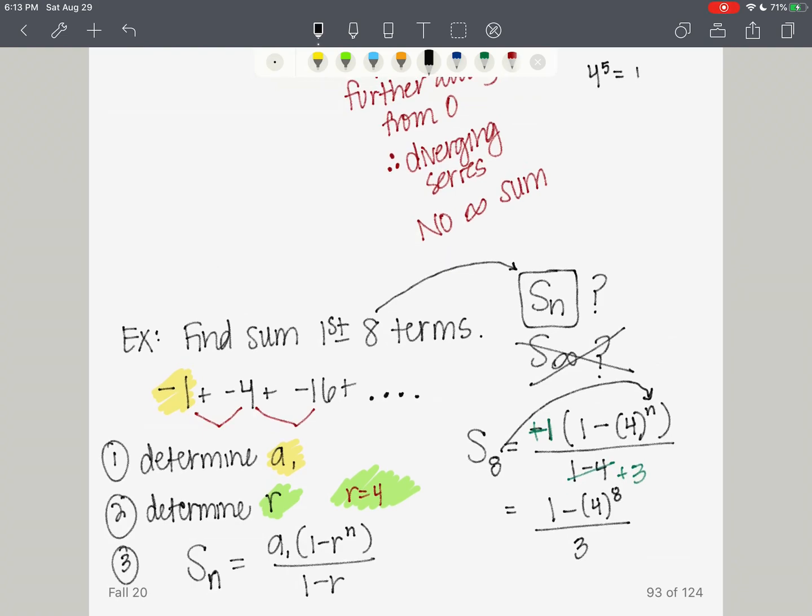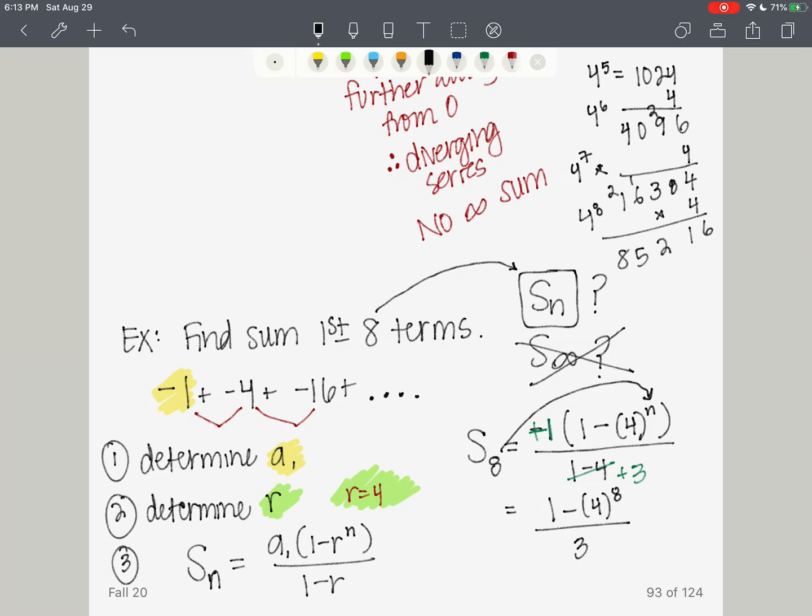Well, I know 4 to the 5th is 1024. 4 to the 6th, I'm going to multiply by 4. This number is going to get big real quick. And then 4 to the 7th, we're going to multiply by 4 again. And 4 to the 8th, we multiply by 4 one more time. 1 minus 65,536.